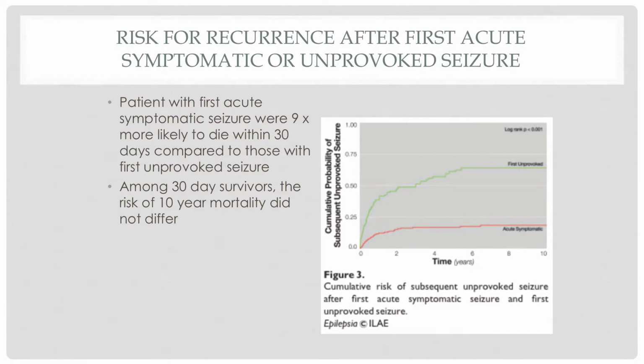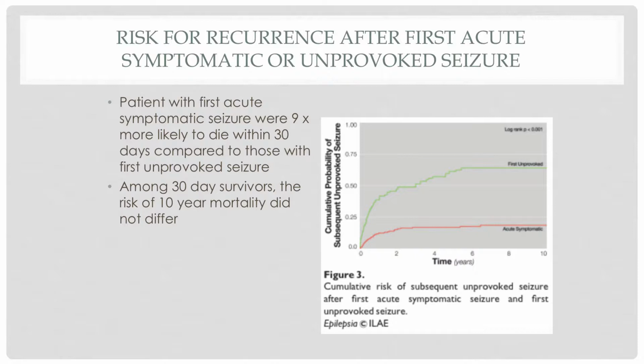This is another interesting study. They look at patients who presented with acute symptomatic seizures, like could be TBI, meningitis, subdural hematoma. They presented acutely with seizures, and the risk of mortality was 10 times greater at 30 days compared to a patient who presented with unprovoked seizures, who have a remote traumatic process in the brain.